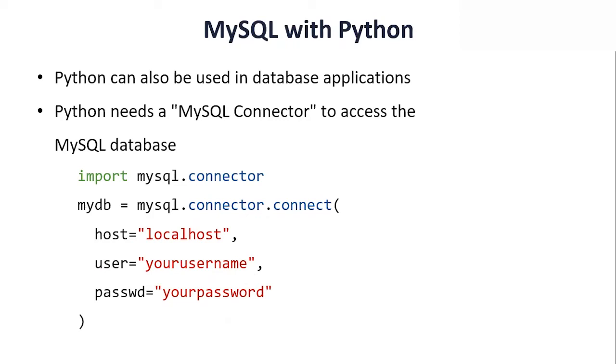Again, if you are using XAMPP, that would be root and the password would be empty by default, unless you have changed them. Once you execute this line, this MySQL connector will try to connect to this MySQL database hosted in localhost using these credentials. If you have specified them correctly, that should connect. Otherwise, you might get an error saying maybe the username is wrong or there's no MySQL database hosted in localhost.